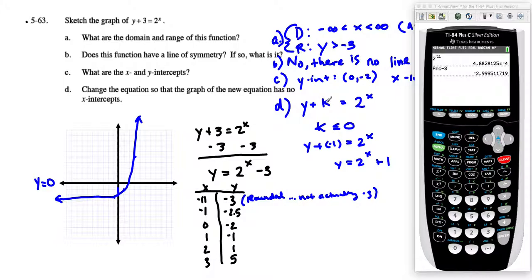So whatever this value of k is always going to have to be less than or equal to 0, so that when we move it to the other side, it'll end up being positive. We want 0 or above on this side here. That was just an example so you could see it. So this would be fine as long as this k value was less than or equal to 0.